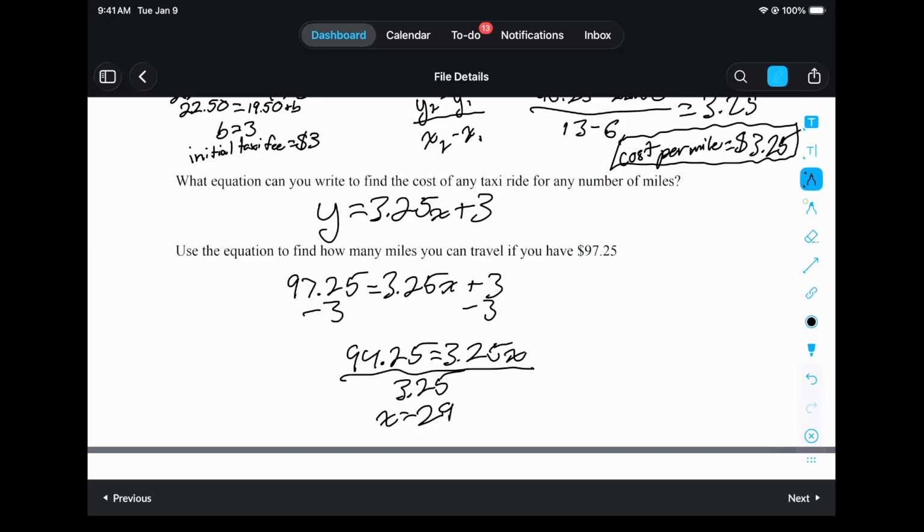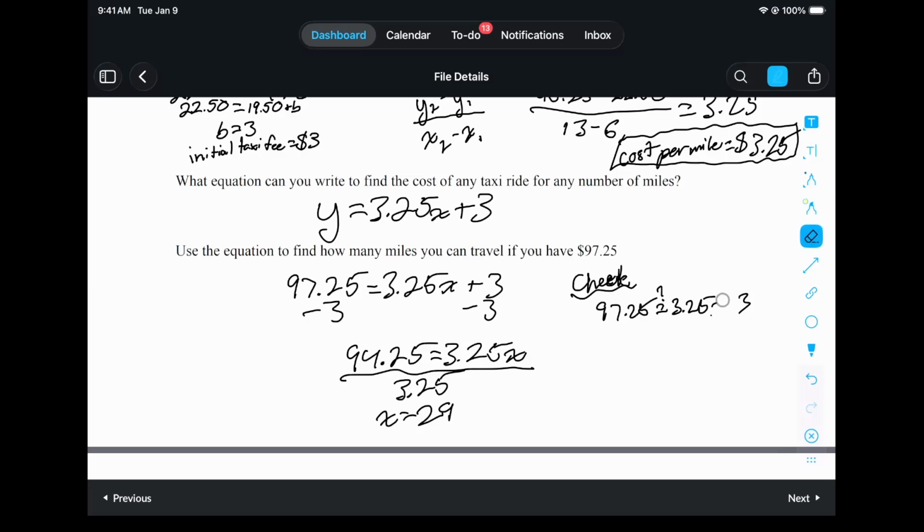You could put it back in the equation just to double check, right? Let's check it. Make sure we did nothing wrong. Does 97.25 equal 3.25x plus 3?